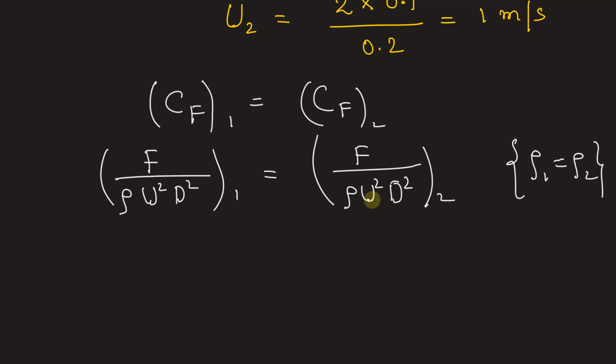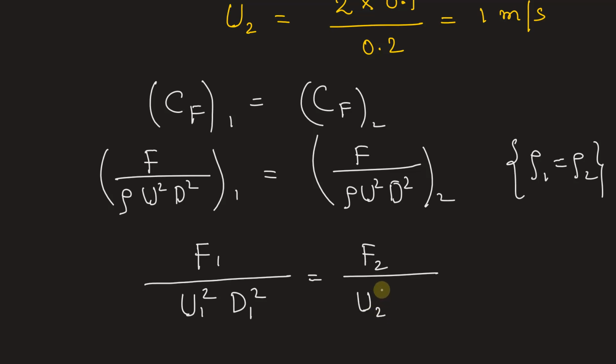The same fluid is flowing over sphere 1 as well as sphere 2. Therefore from here we can write F1 divided by u1 square into d1 square is equal to F2 divided by u2 square into d2 square.